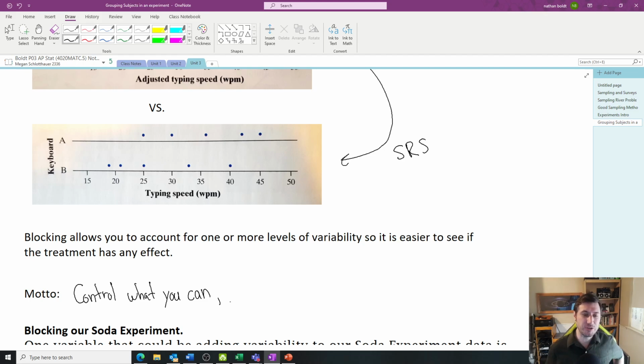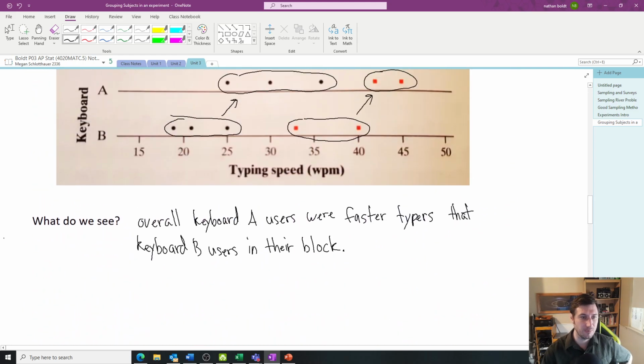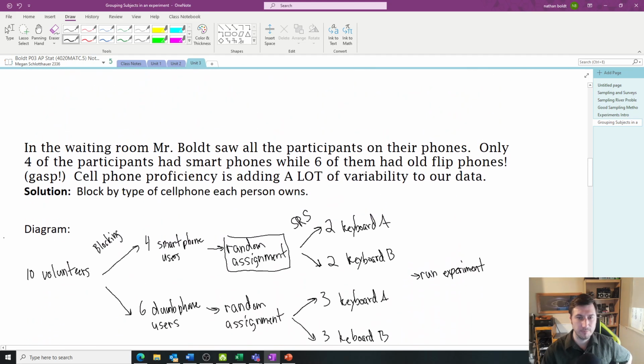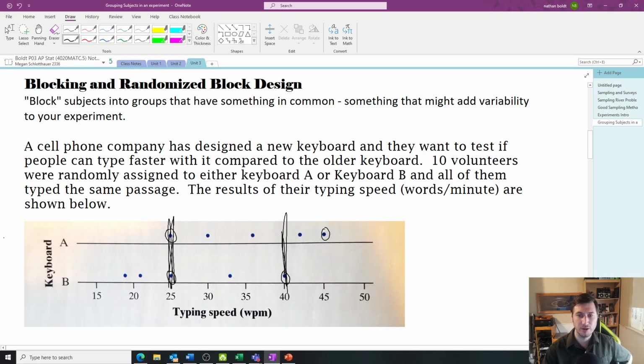I didn't mention this at the beginning: what did they control in this experiment with the cell phone typing? If I go up to the actual problem, there it is. What did they control? They all typed the same passage.